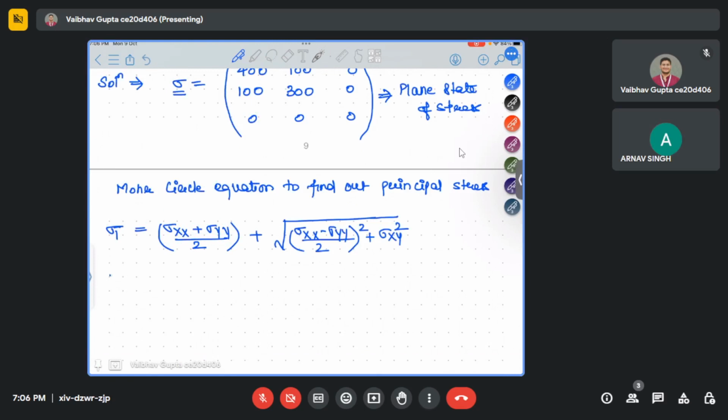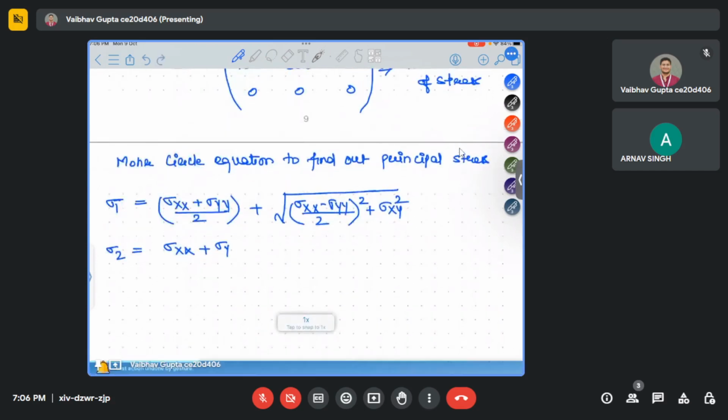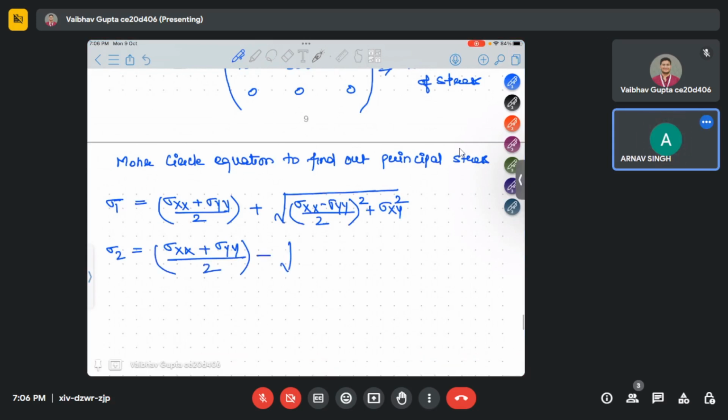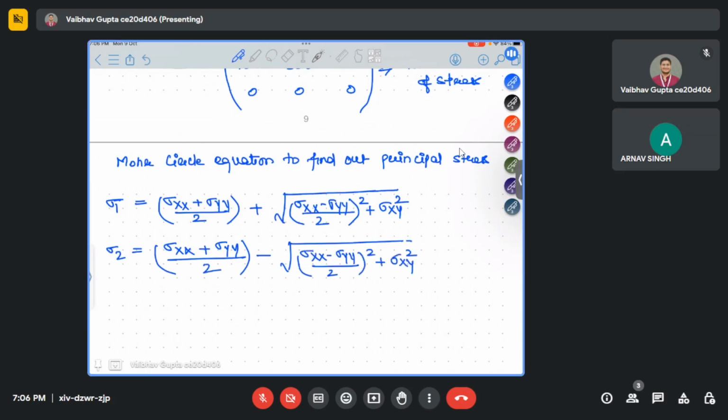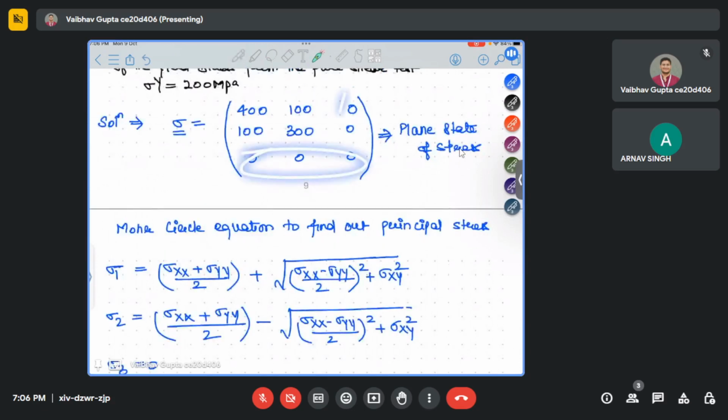This is sigma 1. Sigma 2 is the same formula but with a negative sign in between. And sigma 3 is 0 because these are 0.